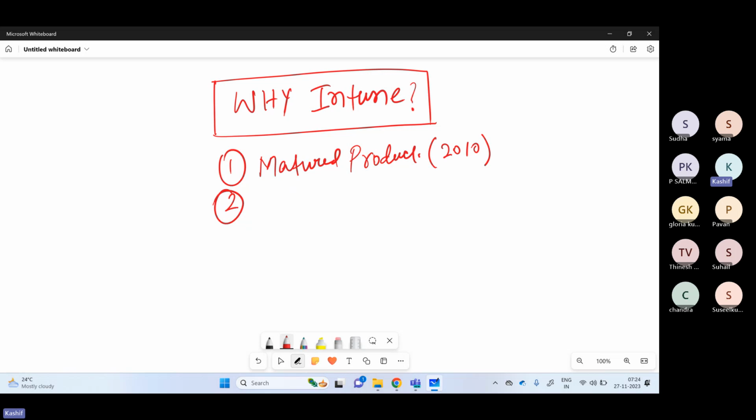Previously Intune was not in that demand, but after COVID-19, when people started working from home, we faced a lot of challenges managing devices through SCCM, because users are working from home on the internet. We were facing a lot of challenges to deploy policies, applications, and updates to their devices.